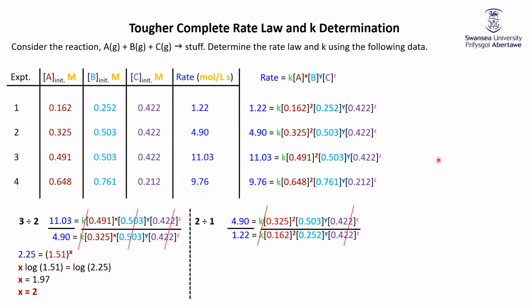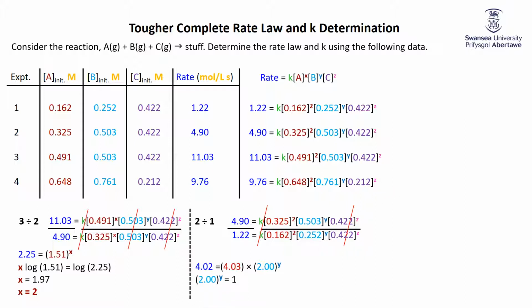We can calculate what this is, the 0.325 squared divided by 0.162 squared. So let's see what we've got. 4.9 over 1.22 is 4.02. 0.325 over 0.162 squared is 4.03, and then 0.503 divided by 0.252 is 2 raised to the power of y.